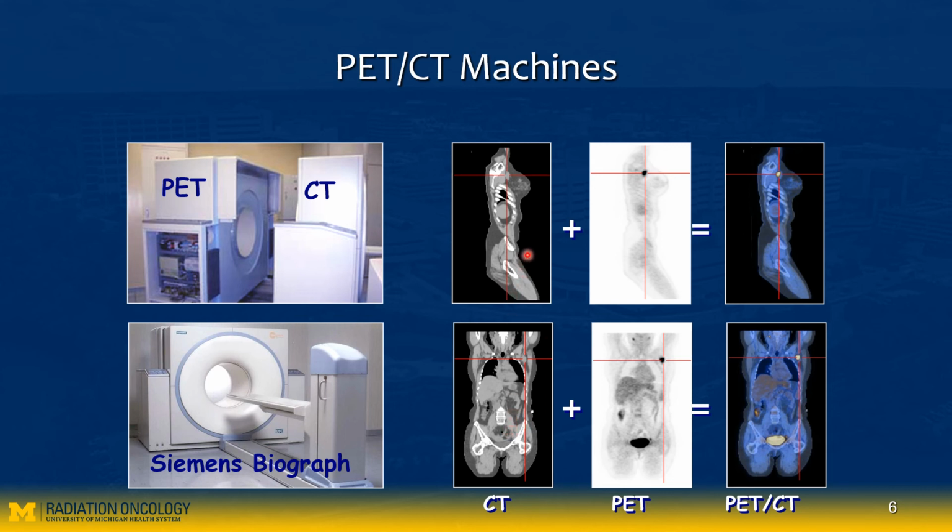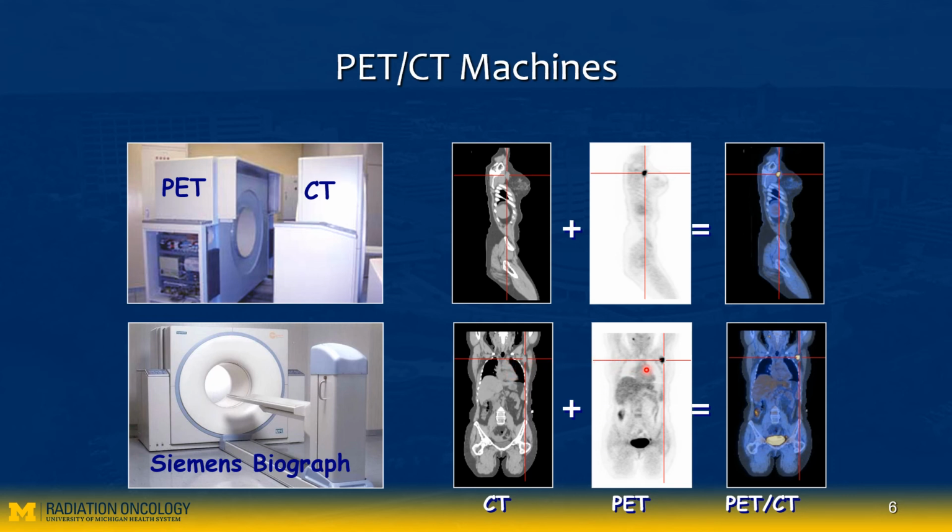You can see that CT provides very detailed, accurate anatomy, but it doesn't provide any distinguishable difference between tumor and normal tissue in terms of grayscale.